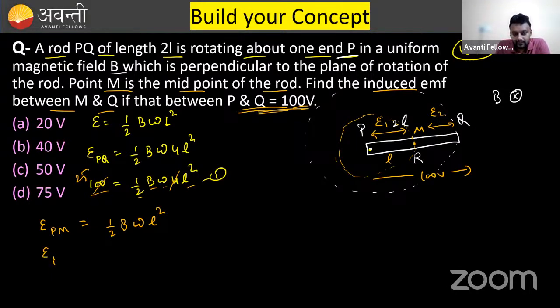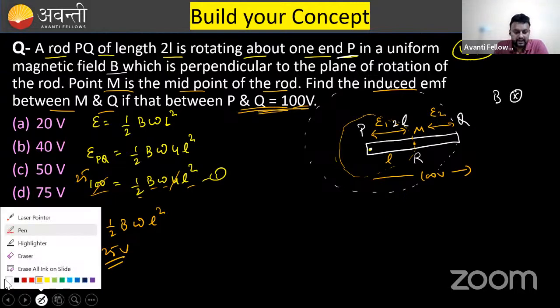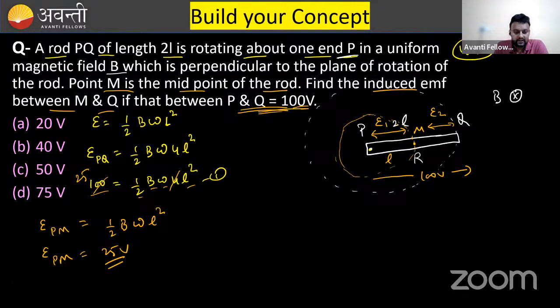So the EMF between P and M will be 25 volt. Now from the diagram, this E1 is 25 volt, the total is 100 volt, then this E2 will be what? 75 volt. Very good.